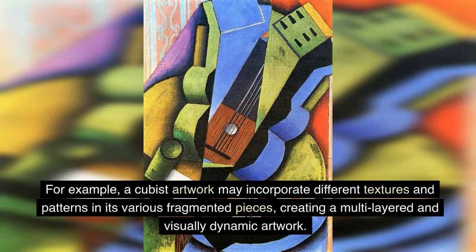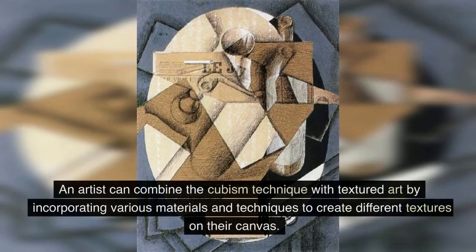For example, a Cubist artist may incorporate different textures and patterns in the various fragmented pieces, creating a multi-layered and visually dynamic artwork. An artist can combine Cubism techniques with textured art by incorporating various materials and techniques to create different textures on their canvas.